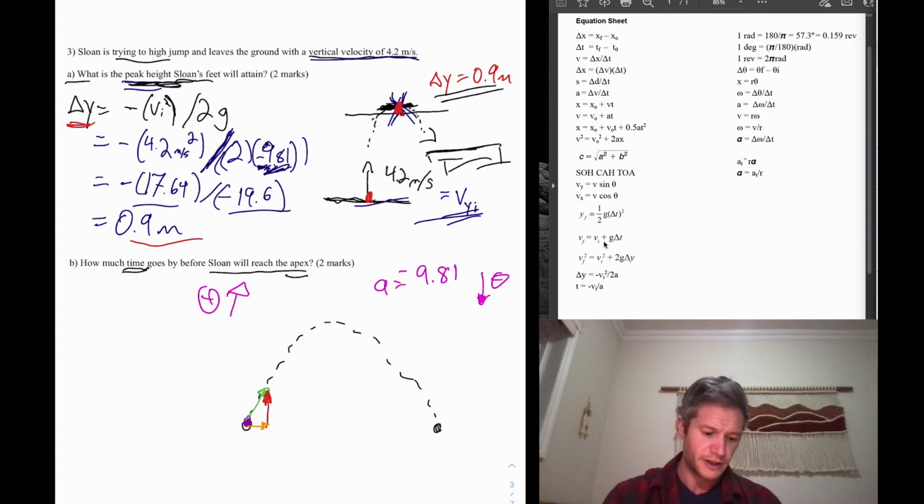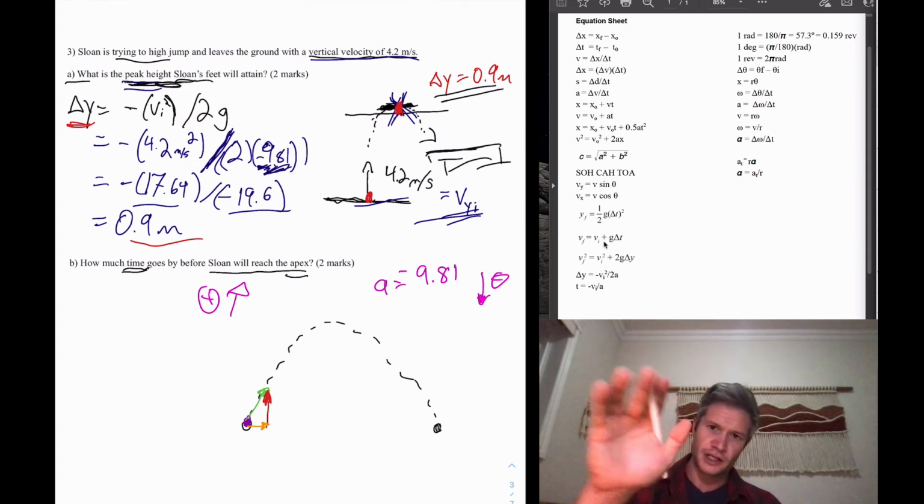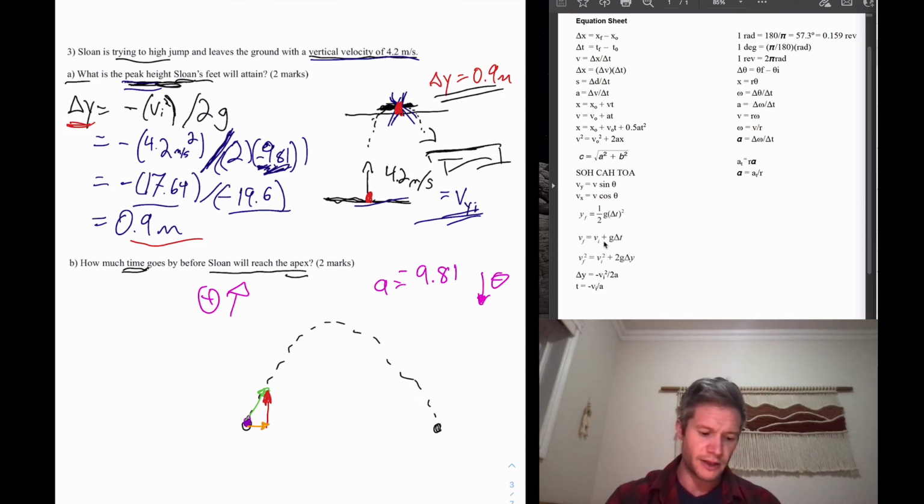The green is the actual velocity of the object. The red and the orange were ones that we created that add up to equal the green. Going back to what we're focusing on in this sort of motion, we're only looking at the red velocity. Over time, our initial red velocity is going to be here, but as we go along, it's going to get a little bit less, till right here at the top it's 0.